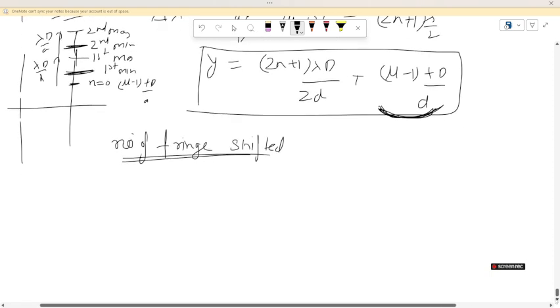Because this type of question is very much asked in JEE Main, how many fringes will be shifted.